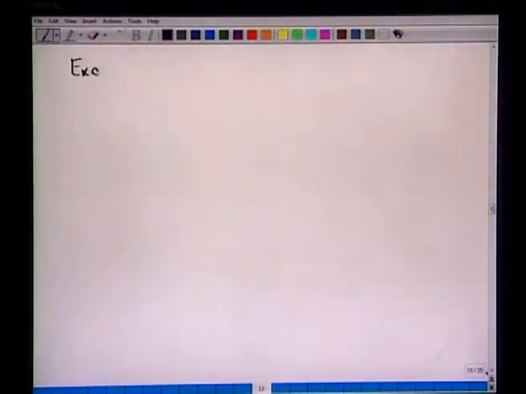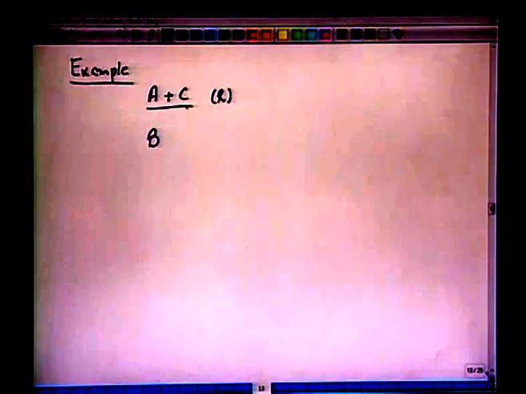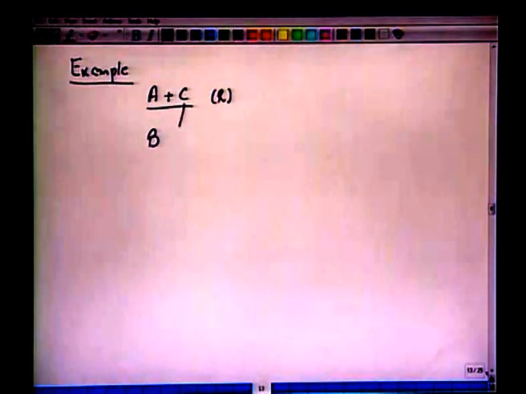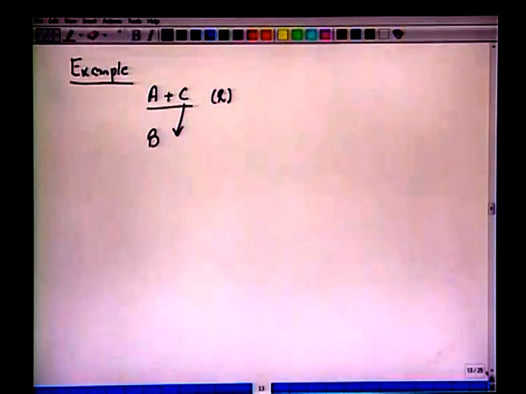Again we will focus on binary components. So, let us say we have a fluid mixture, a mixture of A plus C, and we call this the R phase, the raffinate phase, and we have a solvent, we call it B, and we want to remove this component C from this A plus C. Let us put some flow rate here.